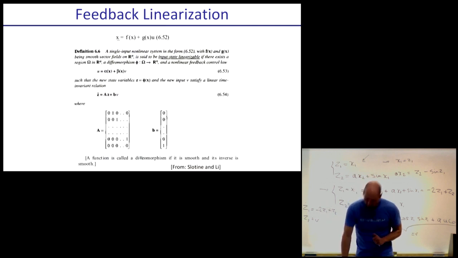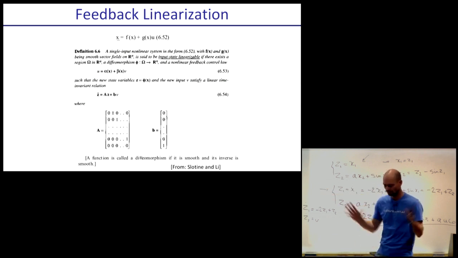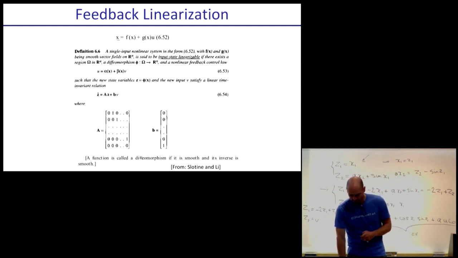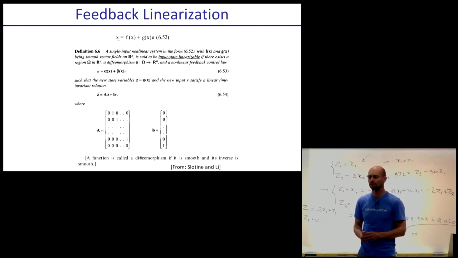It turns out that there's more to this. You can do some math, and I don't want to get into too much detail here, but if you look in the Slotine and Li book, you can find a lot on that. It shows conditions under which there exists such a transformation.